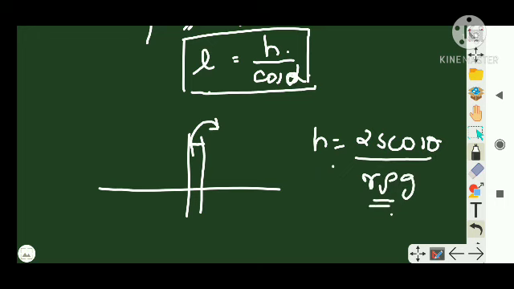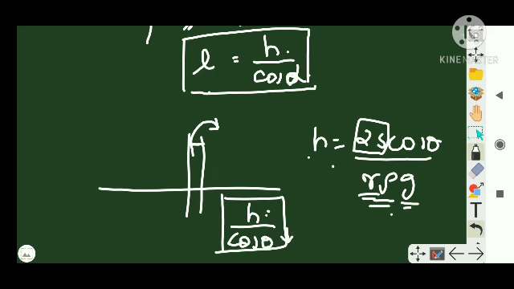Rho is constant, g is constant. You have the same capillary tube, so r is constant, and surface tension is also not going to change. So h by cos theta is always constant for a capillary tube.